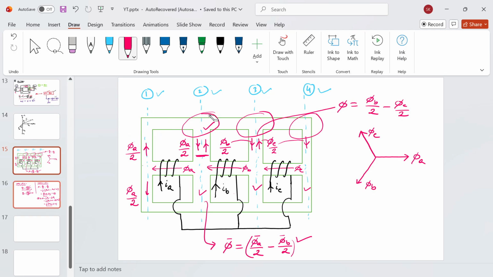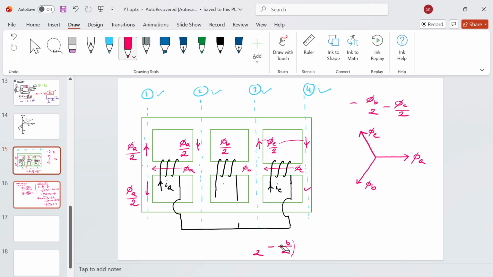Now let me erase the figure first. Now let's say I am injecting the current in phase B in this direction, IB.